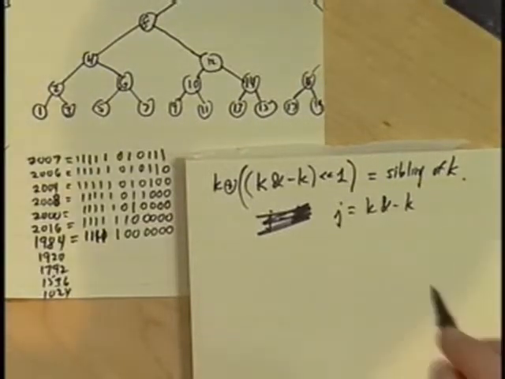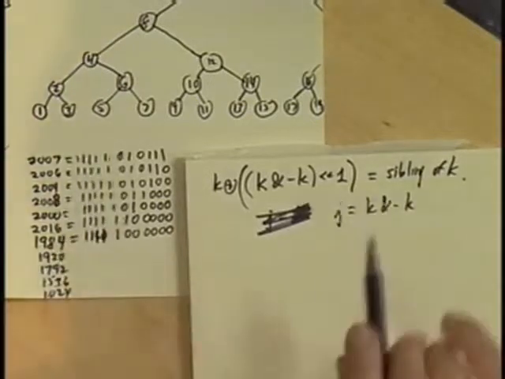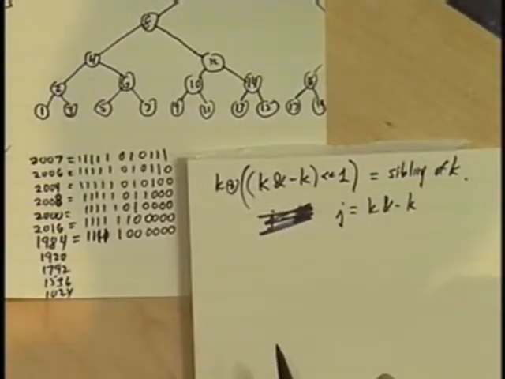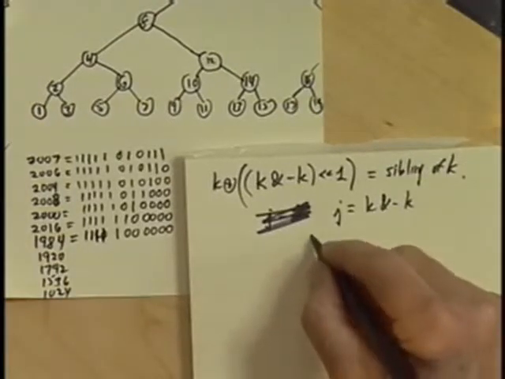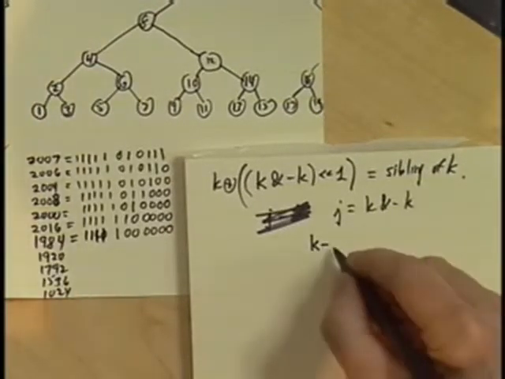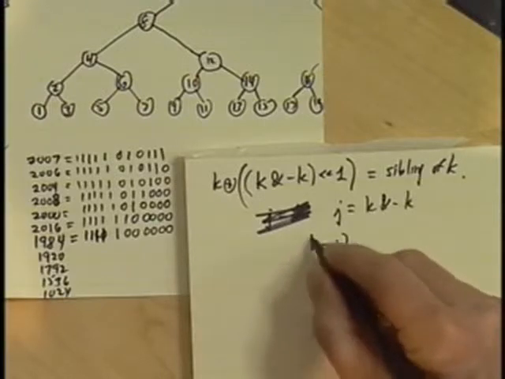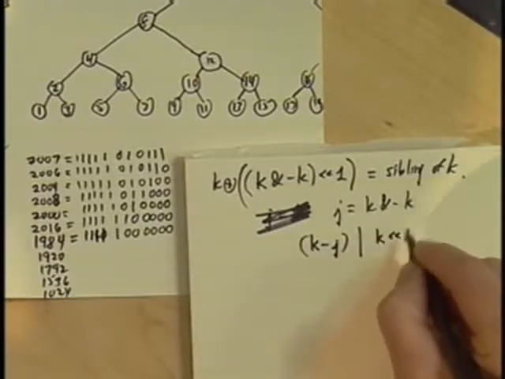So this is going to be a 1 followed by as many zeros as the level we are in the sideways heap. Now I want to go to the parent. I want to round that up. And so the rule is, well, I'll write it down, and then you can see. The point is not that you can discover the rule, but that it's a simple rule. K minus J, or with K left shift 1.